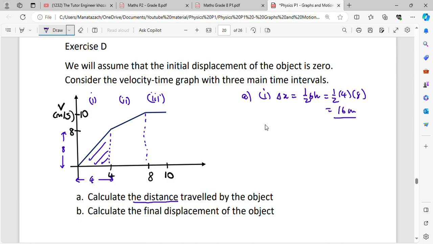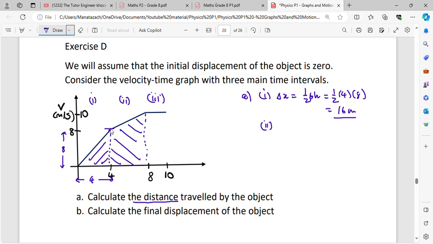So when it comes to Roman figure 2, we have the trapezium. So this is the trapezium. The one side is 8 meters here, right? So we'll calculate the area of a trapezium.